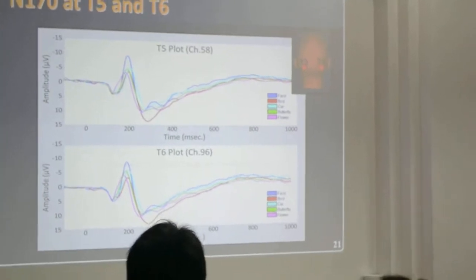You can see the biggest and most distinct response for face occurs in both hemispheres, and you can see that more clearly in the peaks analysis. You can see here very distinct responses for face, as we usually call face sensitivity, occurring at T5 and T6, which is also observed in many other studies.